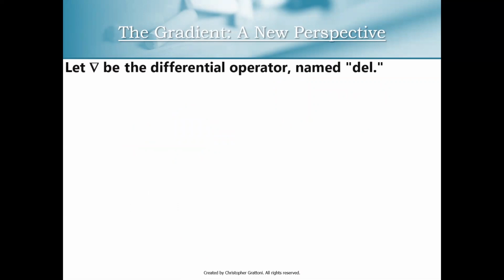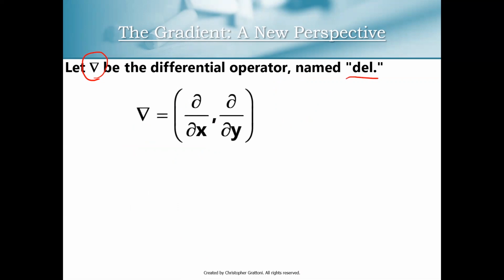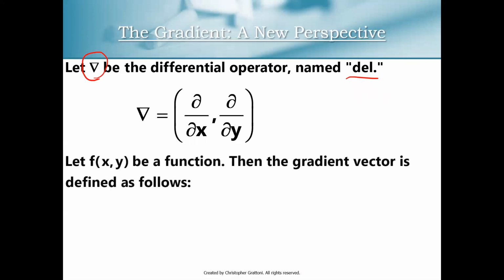Now, once we understand d dx as a differential operator, we could do the same thing with the gradient. So let's think back to this symbol that we know, del, right here. And del is actually a differential operator. It's d dx comma d dy, where we're using partial derivatives for our d's here. So therefore, if we have a function f of xy, the gradient vector is actually a product.